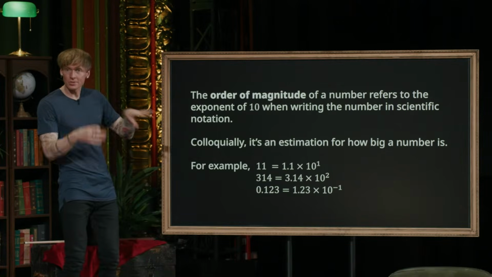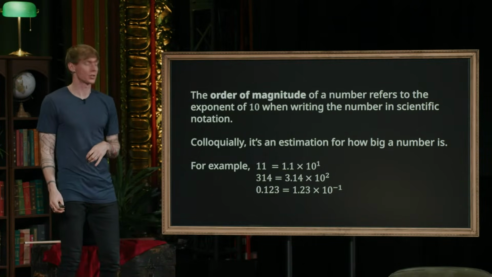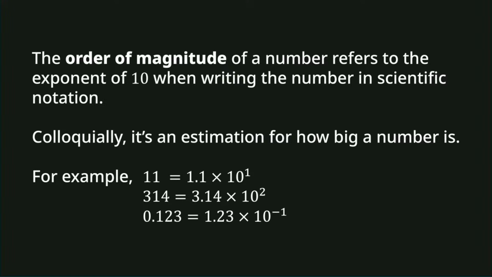For some examples using actual scientific notation, to write the number 11 in scientific notation, we change it to something multiplied by a power of 10, where the something is between 1 and 10. So 11 becomes 1.1 times 10 to the 1, so we would say its order of magnitude is order 1, or is 10.